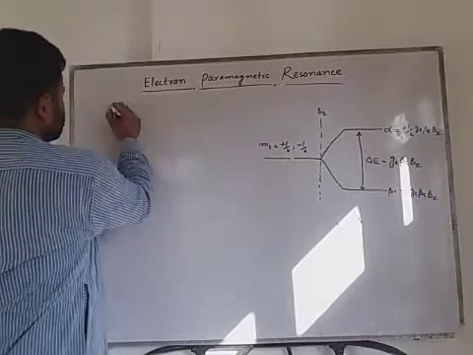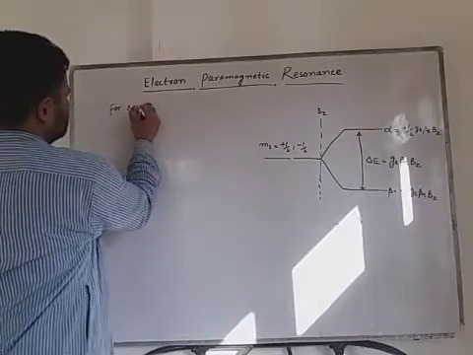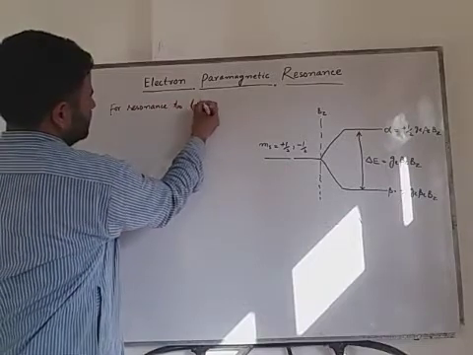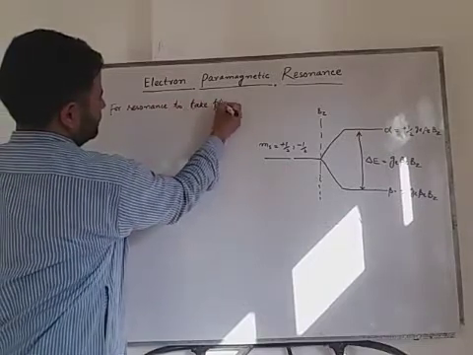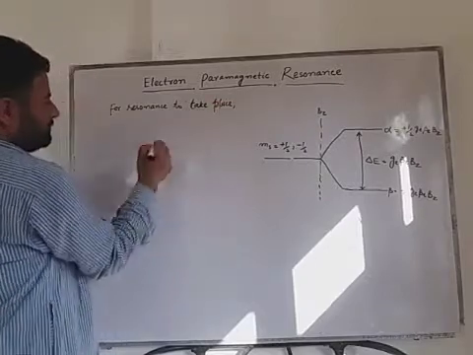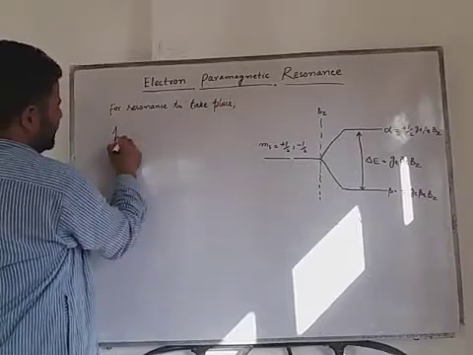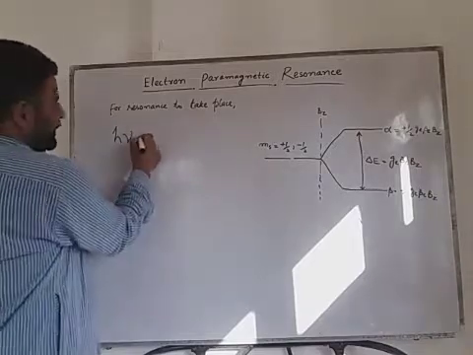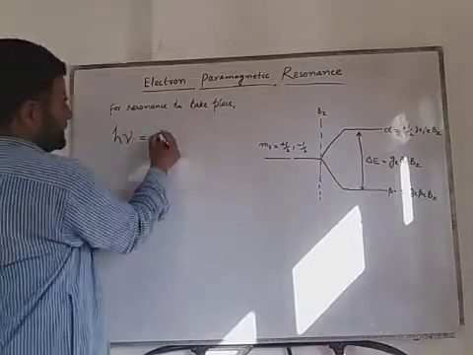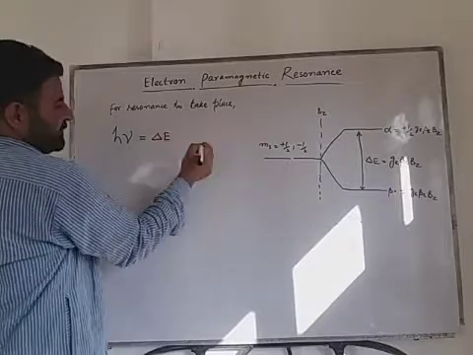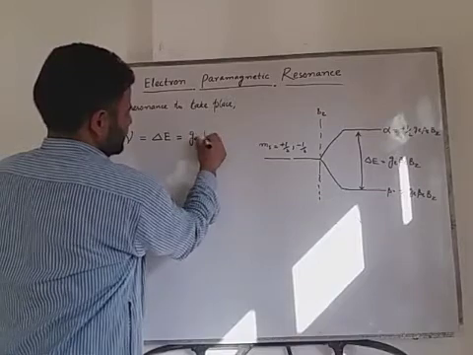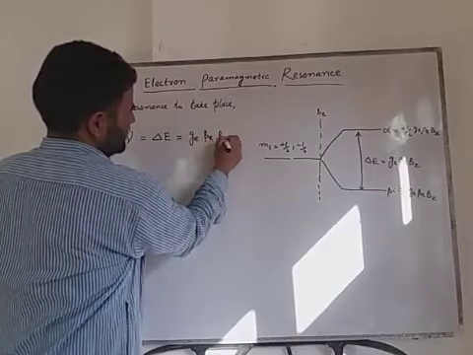So for resonance to take place, the energy of the radiation, given by h nu, should be equal to the difference in energy between the two levels, and that is equal to GE beta E Bz.